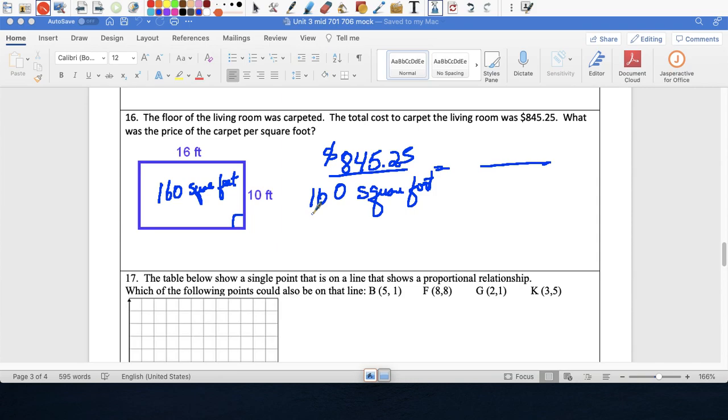One foot by 1 foot area. So we're gonna divide this by 160, right? I'm gonna divide the top by 160. This one is straightforward. 845.25 divided by 160. Enter. We're gonna round this to $5.28. Okay.